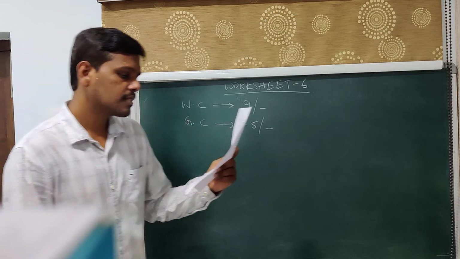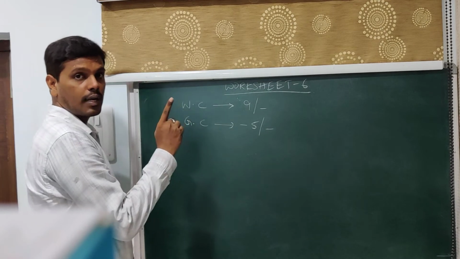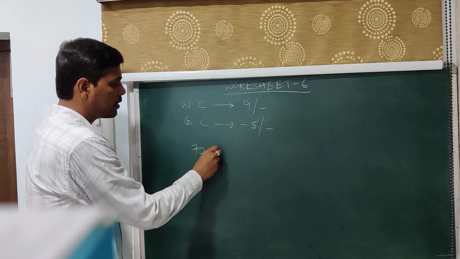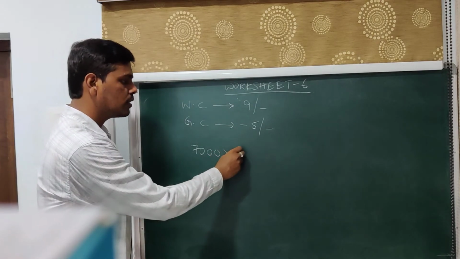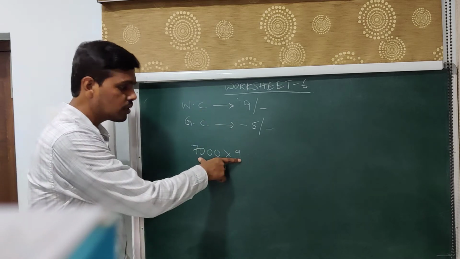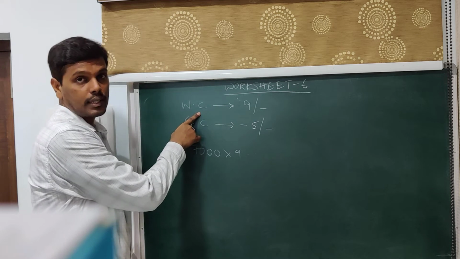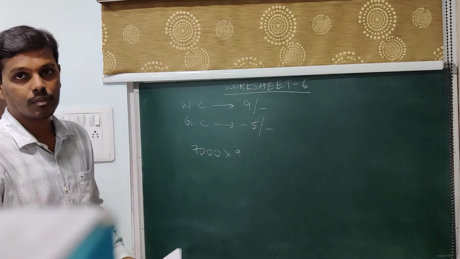Now the company sells 7,000 bags of white cement. On one bag of white cement they are getting ₹9. On 7,000 bags of white cement they will get 7,000 into 9. This is the amount that they get when they are selling 7,000 bags of white cement. Next, they are also selling 6,000 bags of grey cement.